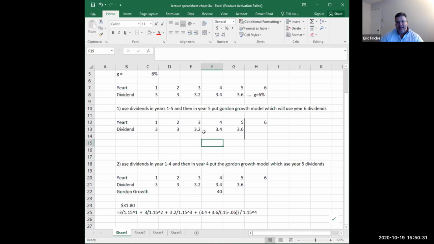But what that means then is when you put your Gordon growth model in, it's going to have to go right here in the last period. But the Gordon growth model is going to be equal to the dividend at time 6 then, because it always uses the dividend from the next year forward, divided by R minus G.